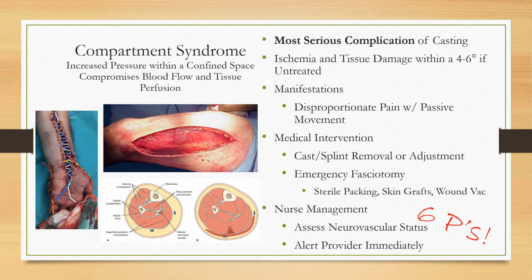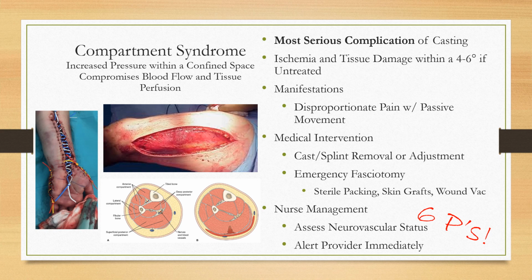If we were to move the ankle, so we would flex and extend the ankle, that would cause significantly more pain because we're actually stretching the dying muscle within the compartment. Okay? And remember those 6 P's, right? Remember what happens to the limb distal to the compartment syndrome.